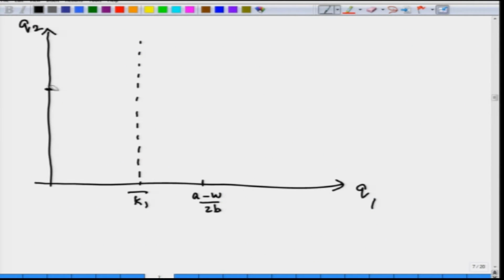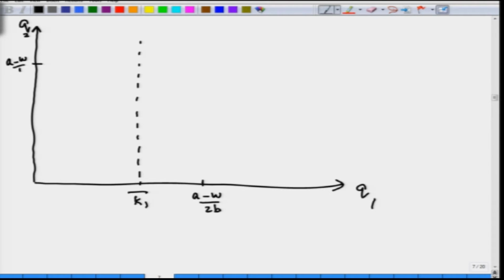So, let us call this Q2, and let us say this is A minus W divided by B. So, essentially this would have been the best response function for firm 1.